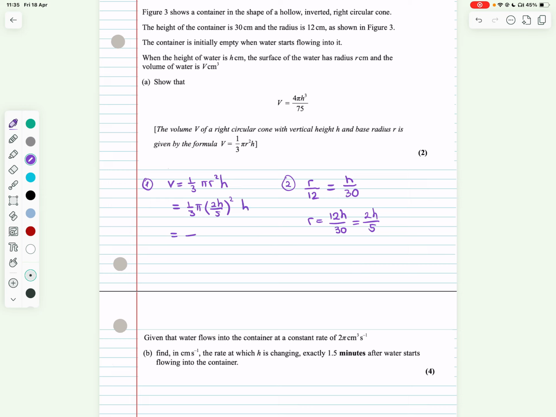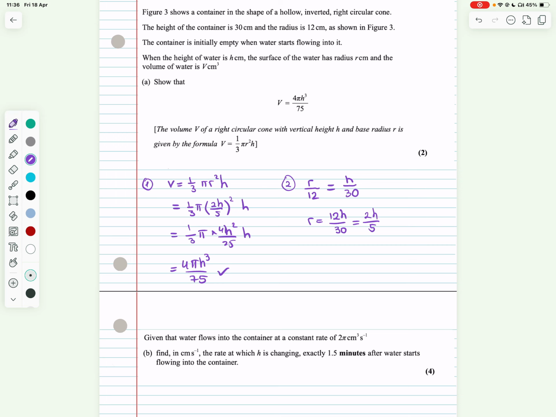All I have to do is expand this and square it, that's 4 pi h squared divided by 25, times h. Multiplying everything, that's 4 pi h cubed divided by 75, and that's what we had to show. This is how we show it, and that's pretty much it.